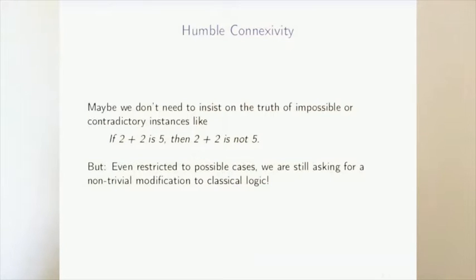The main point in my paper called Humble Connexivity is that those people who share this kind of intuition should be aware that even if you only ask for connexivity in this kind of restricted sense, you still have a lot of work to do.